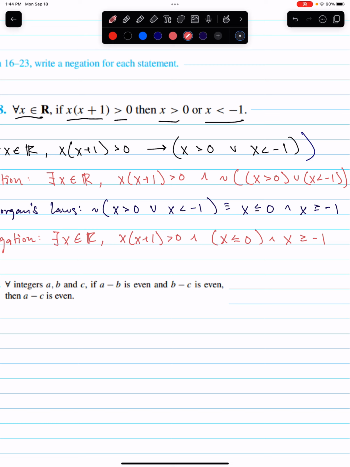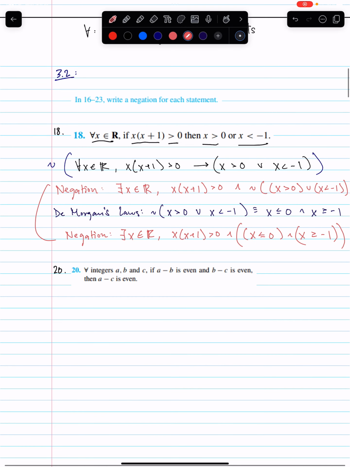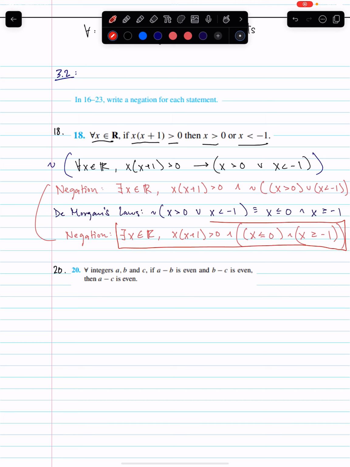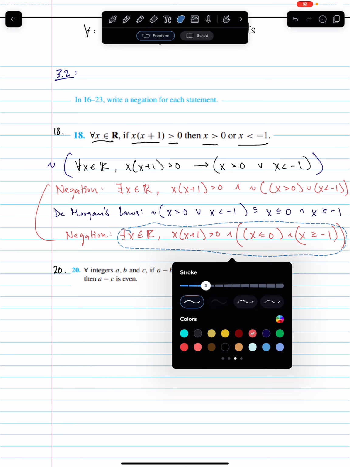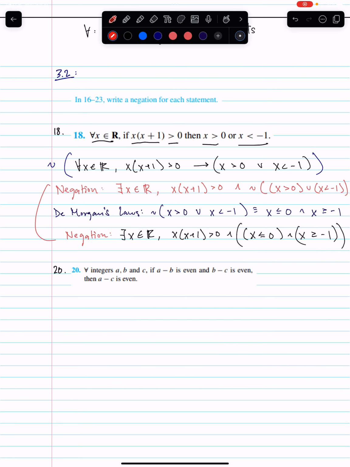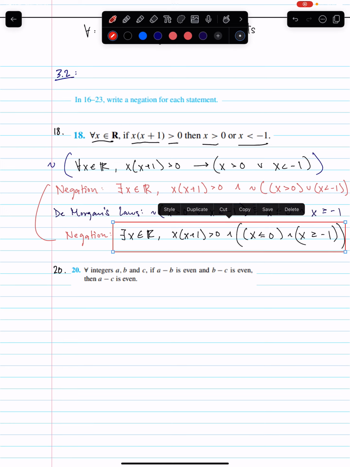We could put some parentheses around this, but this right here is your answer. Oh shoot, I'll probably change the color. That's your answer for that question.